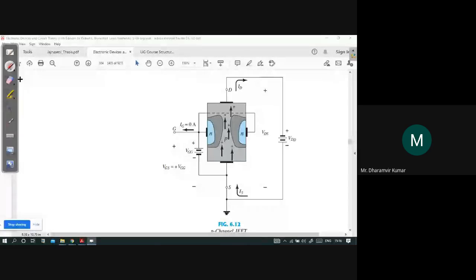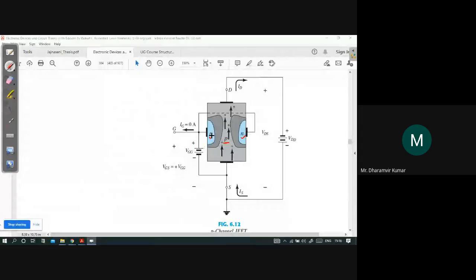Look, this is the channel that exists between drain and source. This is the same structure as the NJFET. So here this material is made up of p type material, and the gate region is made up of n type material. That is the only difference. Otherwise the other things are the same.